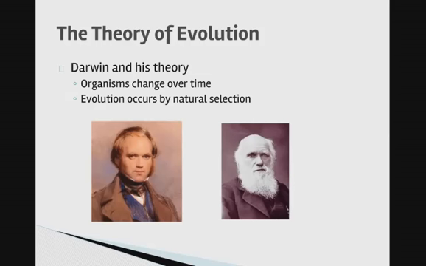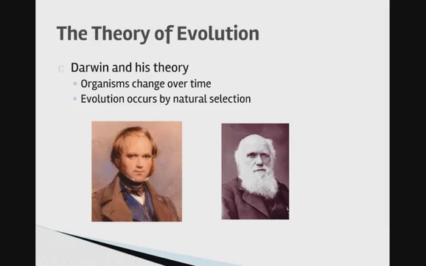Basically, his theory, the theory of evolution, says that organisms do change over time, that the small changes in the adaptations that an organism has to its environment will actually change over long periods of time into new species.